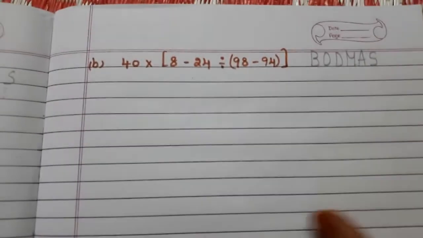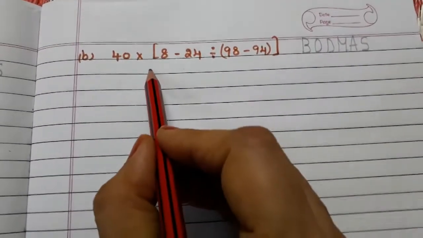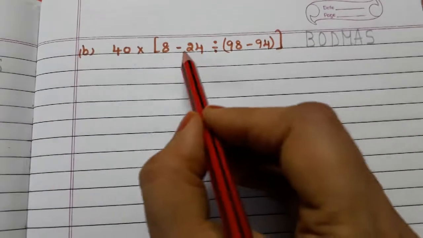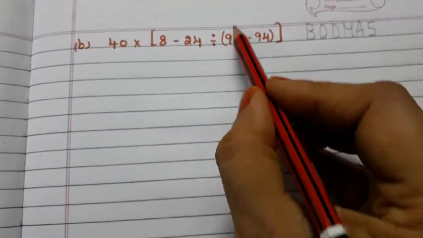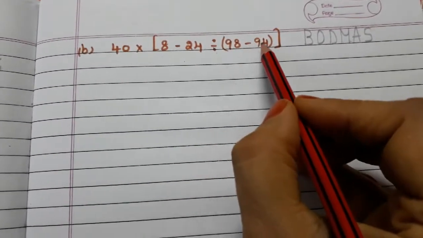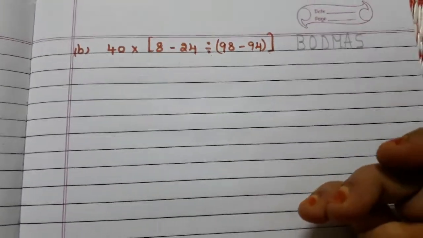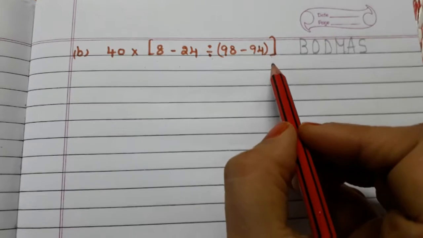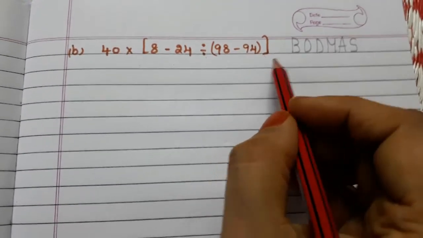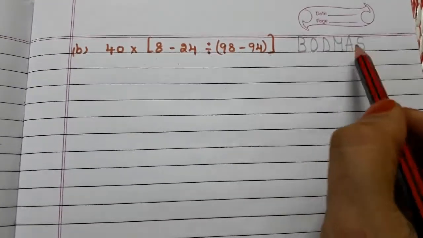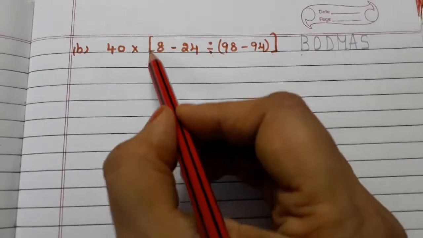Okay, let us go to bit number B. Here we have an expression: 40 into square brackets 8 minus 24 divided by parenthesis 98 minus 94, parenthesis closed, and then square brackets are closed. Here this is the expression. Let us solve the expression. What comes first in BODMAS? Brackets comes first, square brackets.